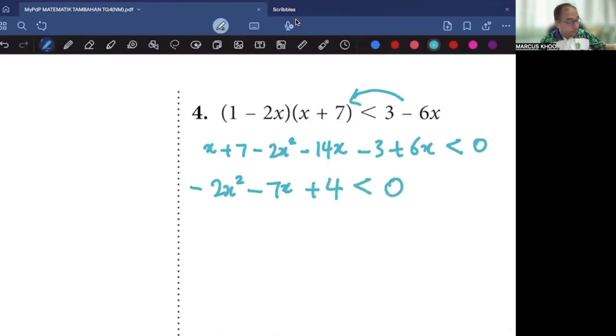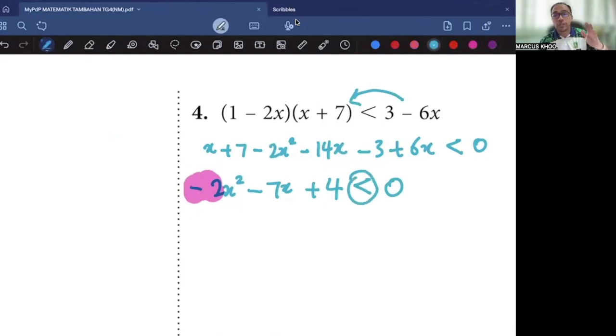But now our big problem is this. The number over here is not a positive number. When this happens, you have to switch it. When you switch everything, all the signs change, including this sign.